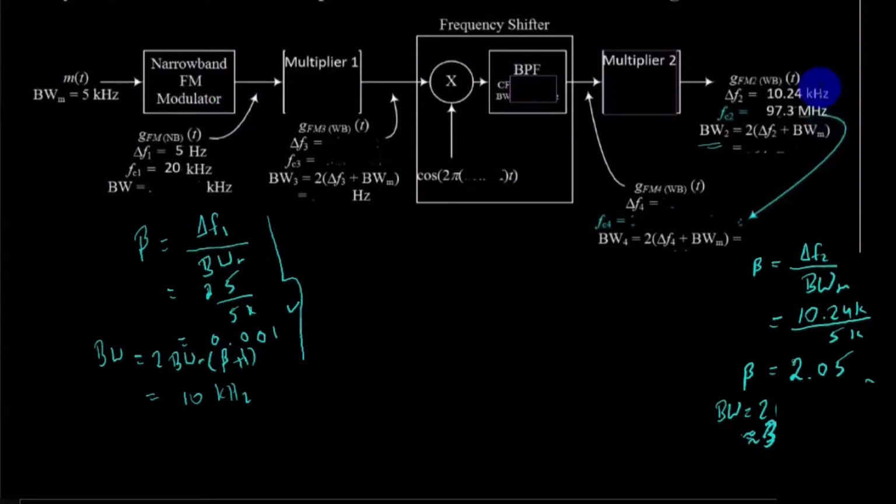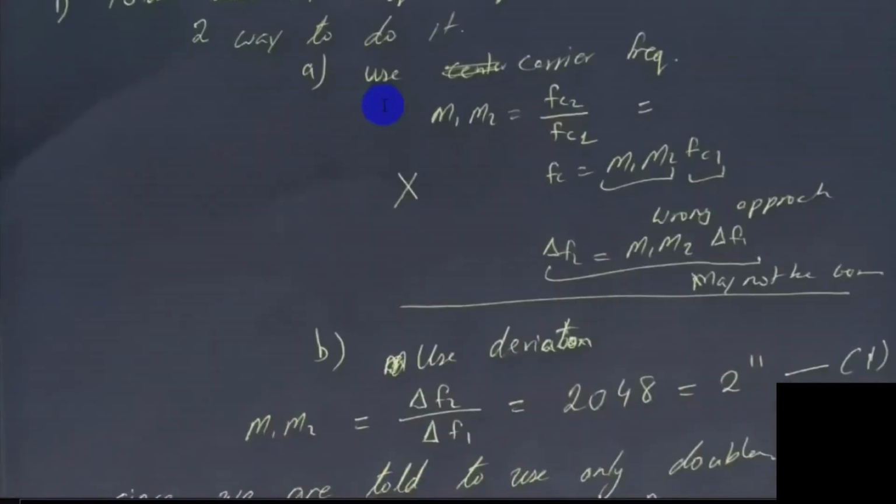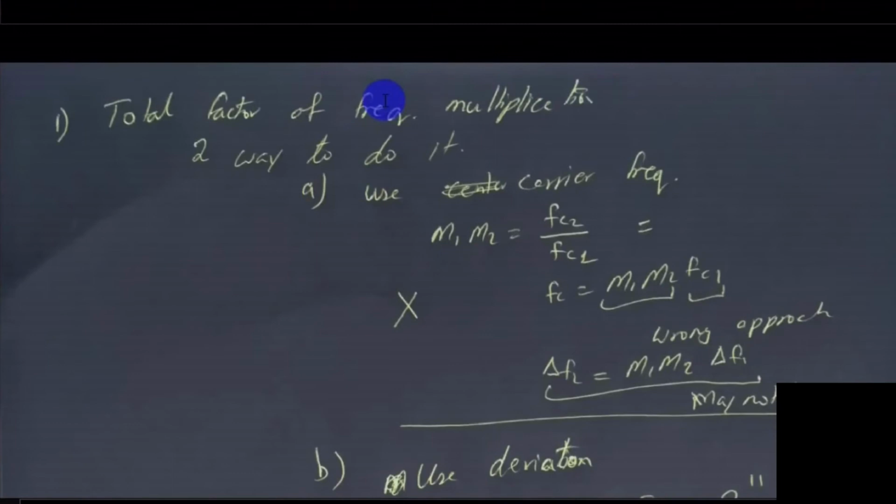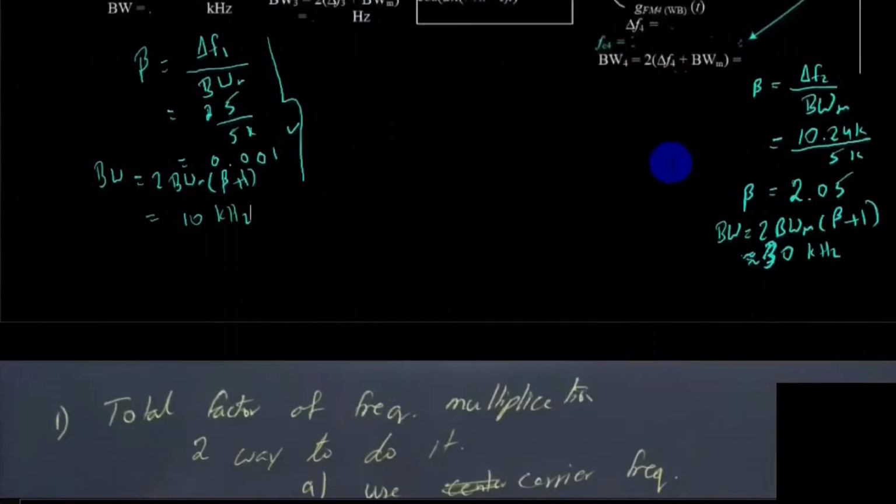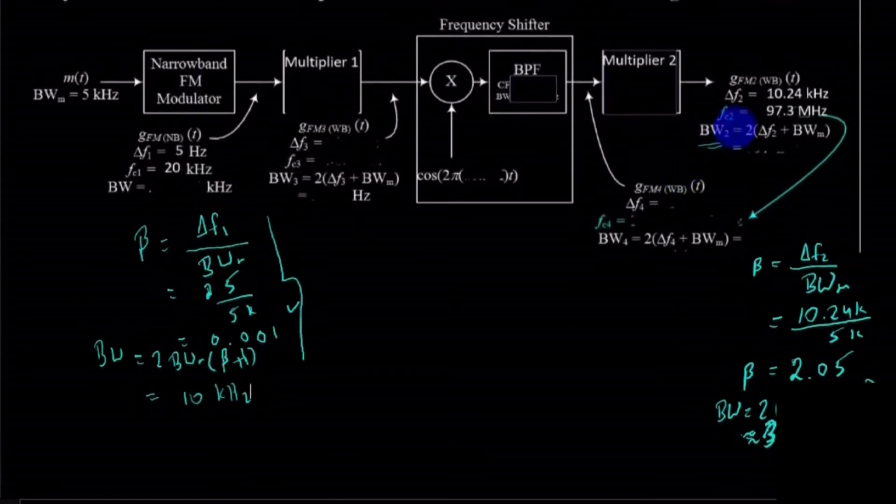Based on this given information, we can estimate what sort of multipliers there would be. And there are two ways to go about it. In the first method, you use the carrier frequency FC2 at the output of WBFM or wideband FM.